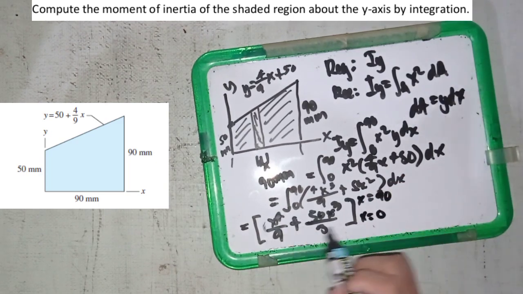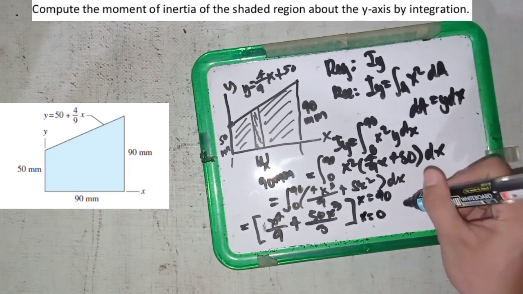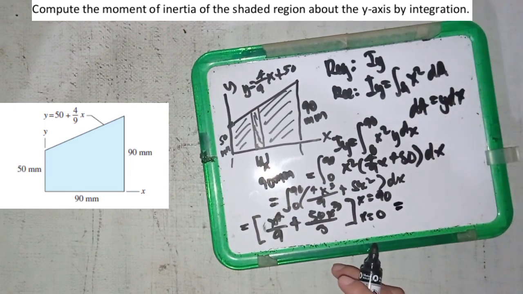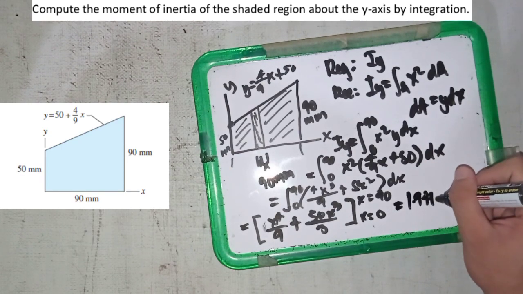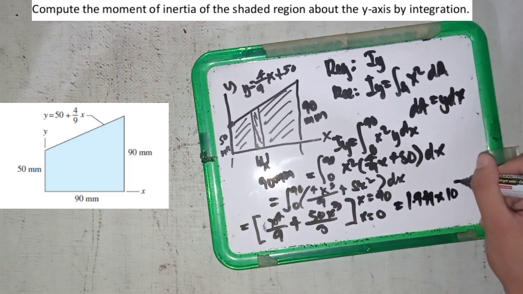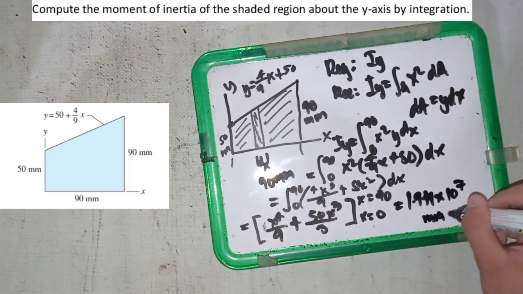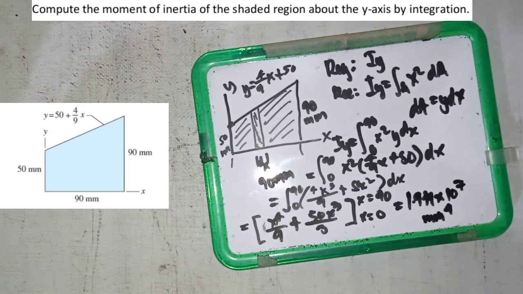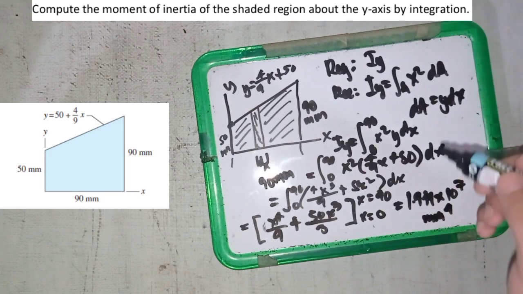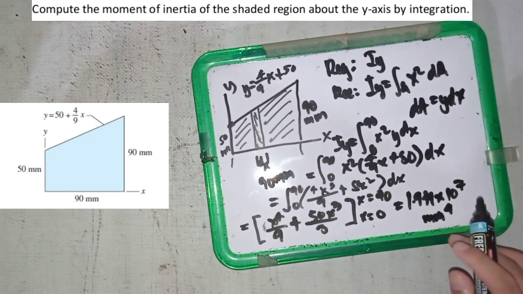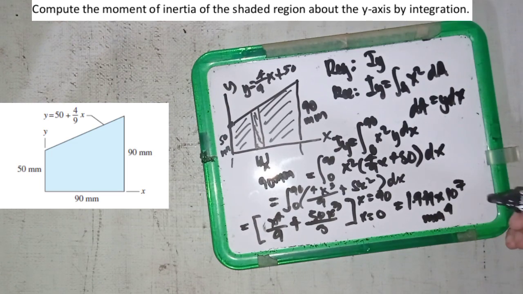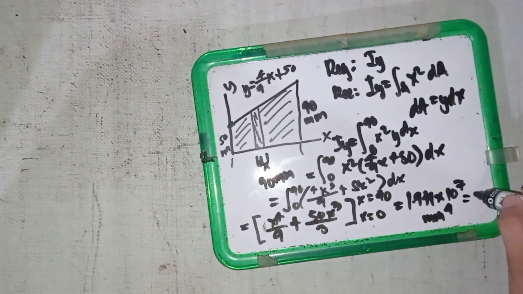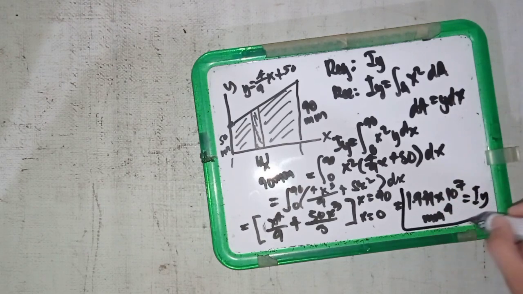Substituting the upper and lower boundaries, we get 1.944 times 10 raised to 7 millimeters raised to 4. And this is the moment of inertia of the shaded region. This will be equal to I sub y. This is the final answer.